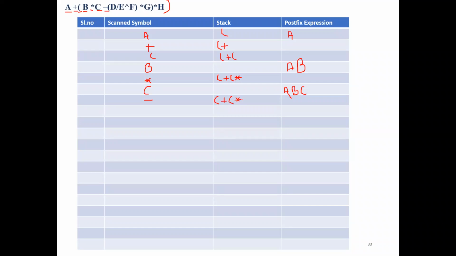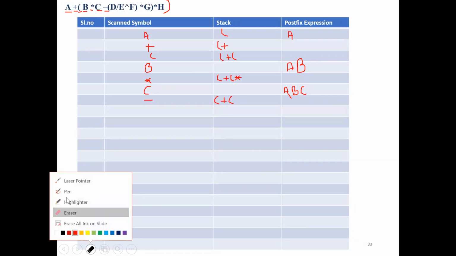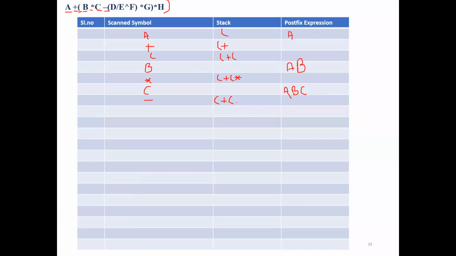Again, we have to compare the precedence of the topmost operator. So we have a left parenthesis, so we will be just inserting into the stack. Minus symbol is inserted. So on the display, we will be having A, B, C, and then we have this asterisk symbol.